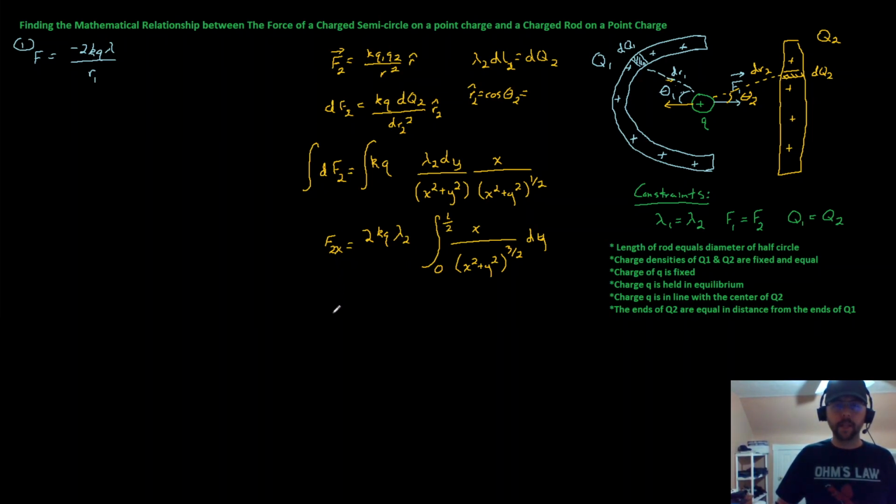So I'm going to do that, and I'm just going to write this as f now because we don't need that. I'm actually going to rewrite it up here. So we have f equals 2 k q lambda x times the integral from 0 to L over 2 of 1 over the square root of x squared plus y squared cubed dy.